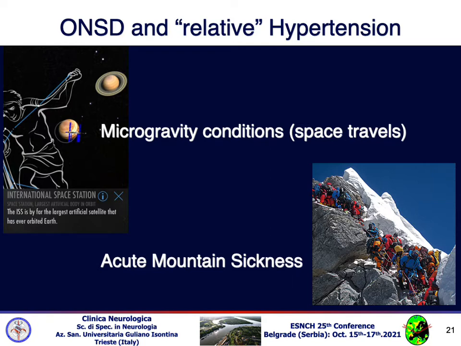But we must not forget those conditions that alter the physiological variations in the brain-eye pressure gradient due to peculiar environmental conditions of long duration, such as microgravity conditions and excursions in high mountains.